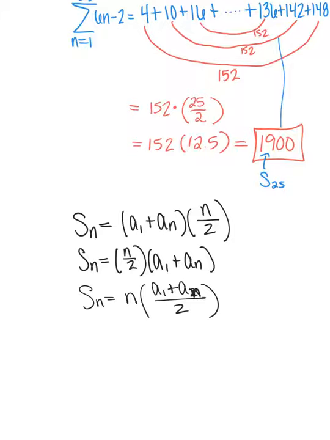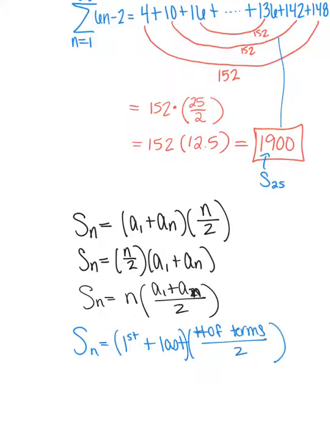But if you understand where it comes from, then you're always going to be able to find the sum. If you understand that it's always just the first term plus the last term times the total number of terms over 2, you're not going to depend on this formula if you understand the pattern.